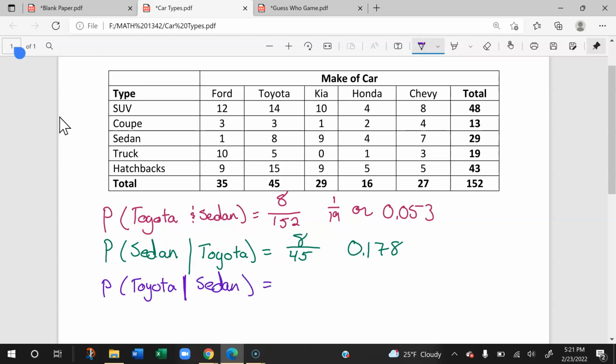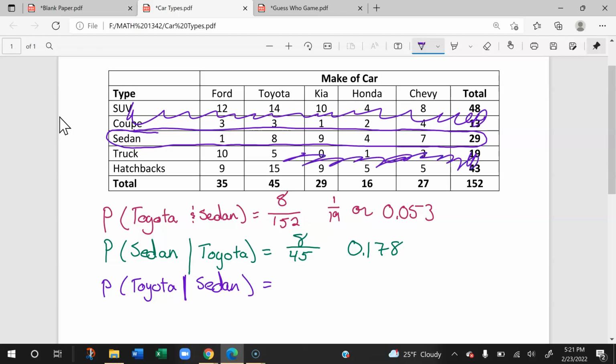Now, I know that it's a sedan, so it has to be one of these right here, and I don't have to worry about the SUVs, the coupes, the trucks, and the hatchbacks.